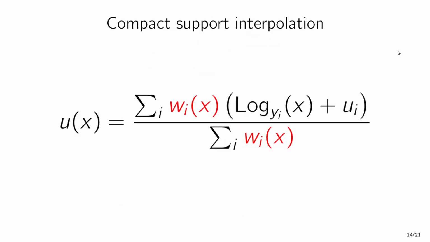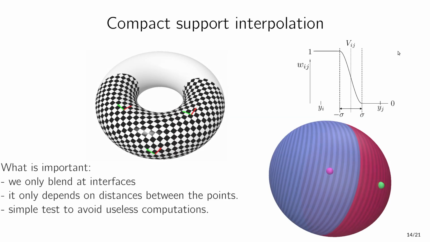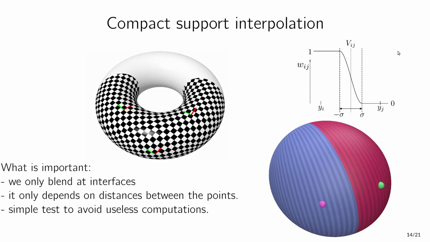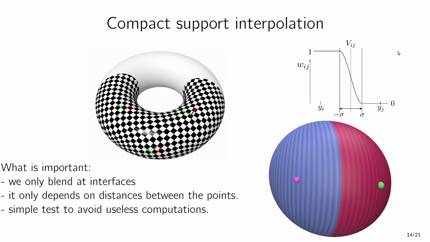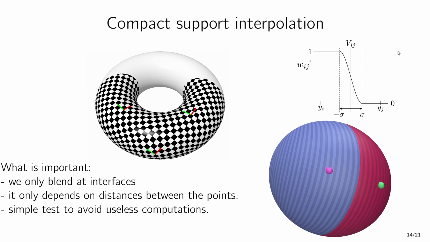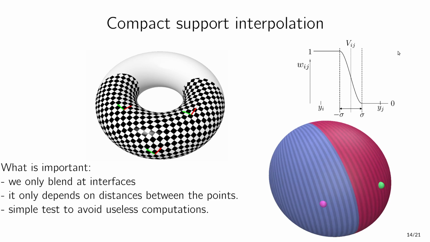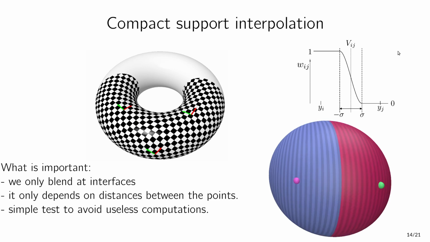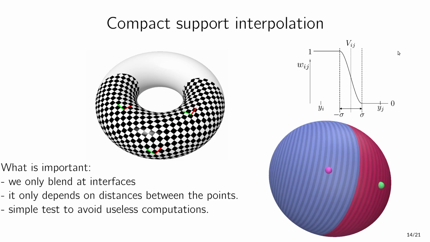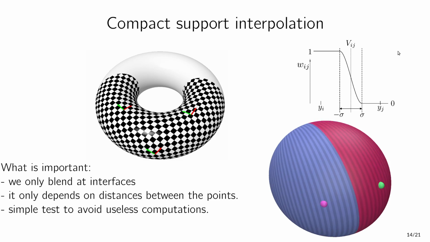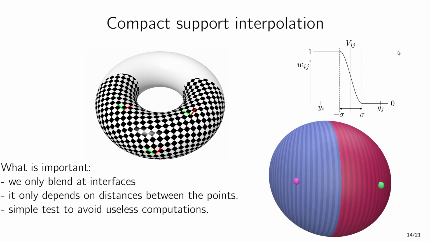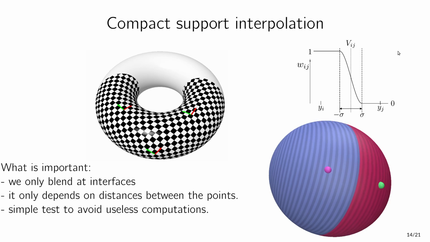Okay, but so first, how do I compute those weights? I don't have the time to go into the details. You can check everything in the paper, but we are going to use compact support interpolation, which means that we only blend at the interfaces between multiple seeds. Like if you're close enough to one seed, you only keep its UV, and only when you get close enough to the frontier between multiple seeds, then we start to blend.